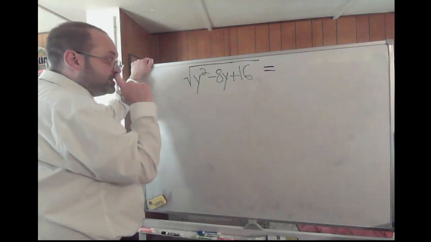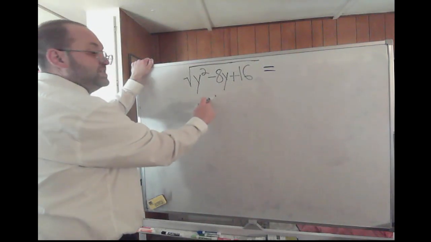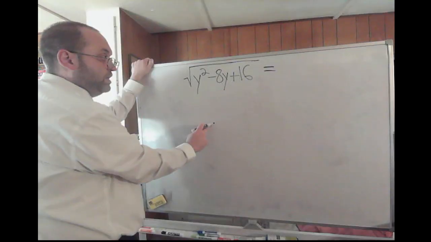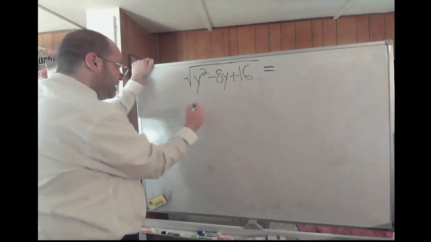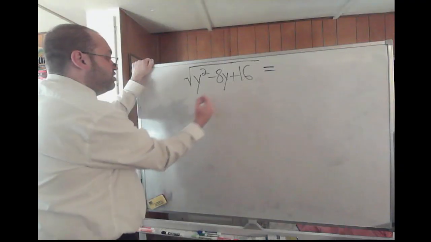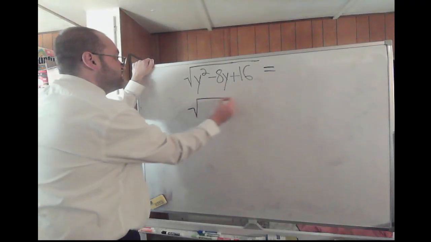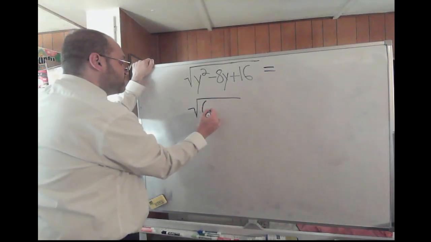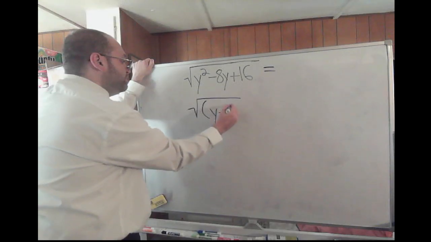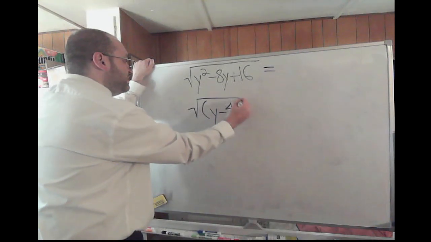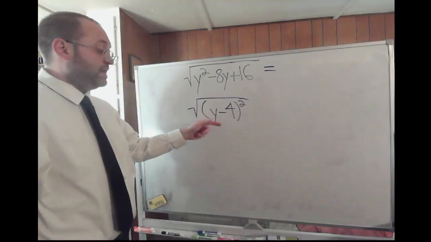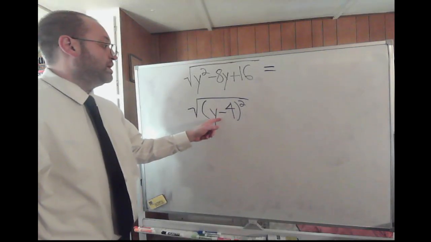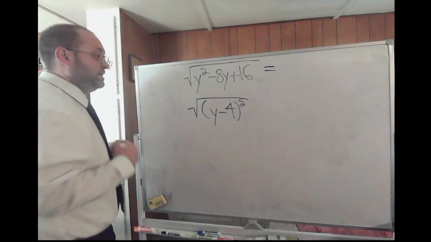It would probably be safe to say this is a perfect square trinomial, right? So this will factor into the square root of y minus 4 to the second power. Because if you take this to the second power, you will in fact get y squared minus 8y plus 16, okay?